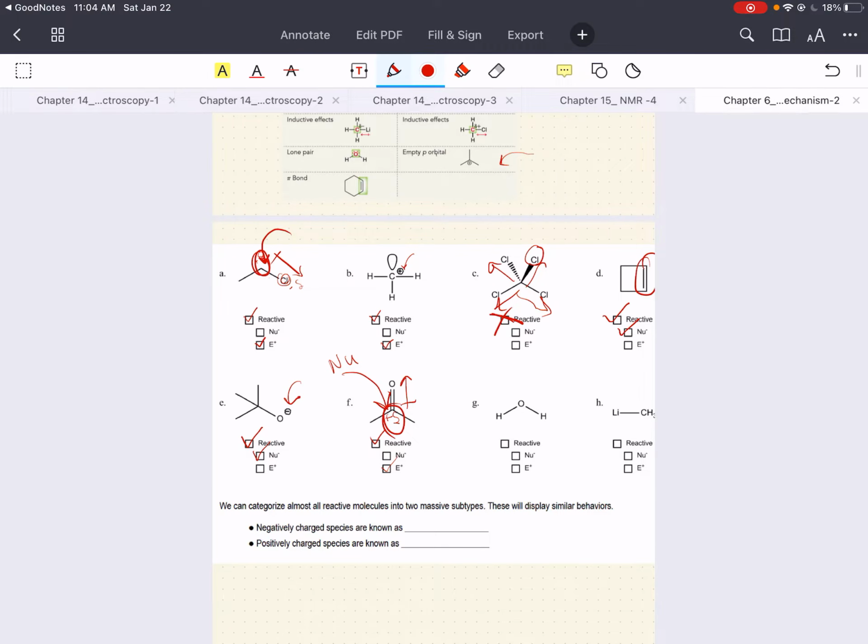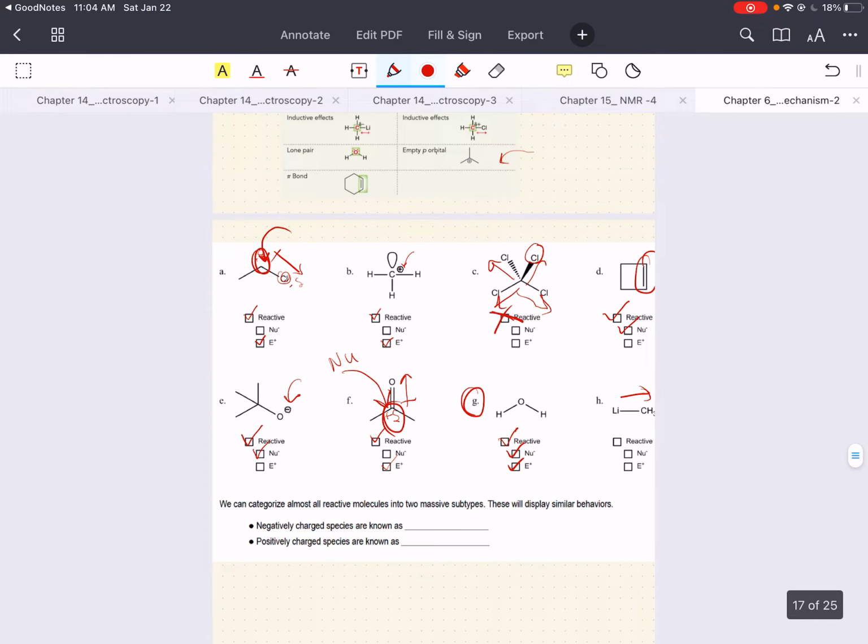Water is going to be reactive. Water's a very interesting case. Good thing to know, it'll act as both a nucleophile and an electrophile. And H, again, we have this inductive effect where the lithium has a partial positive charge.